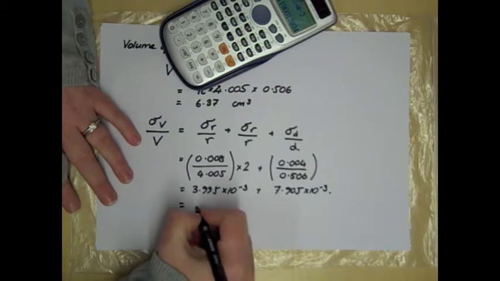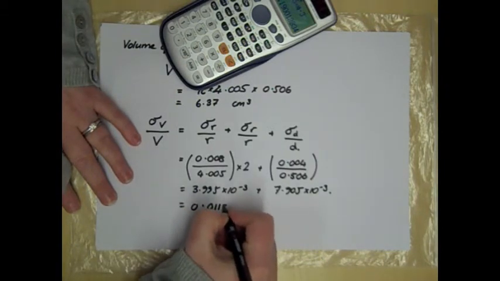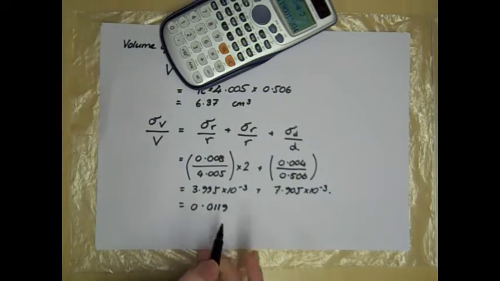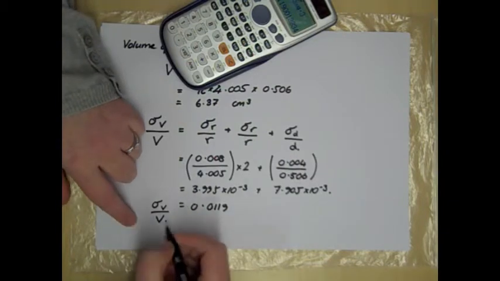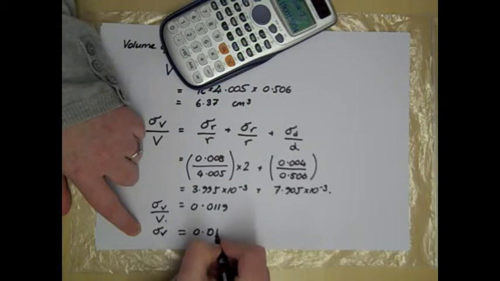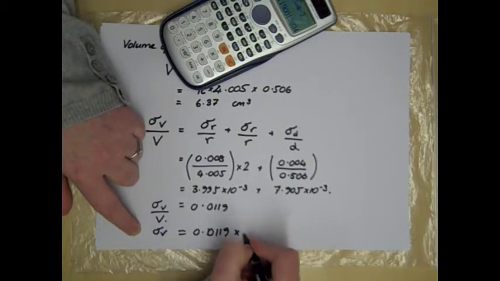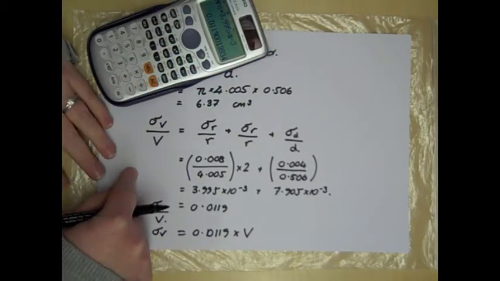And so my total error here is 0.0119. And this is equal to the error in my volume divided by my volume. So if I have my error in my volume, it's just this value here multiplied by the volume that I determined, which was 6.37 centimetres cubed.